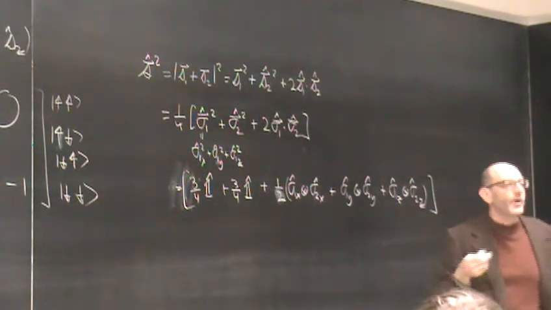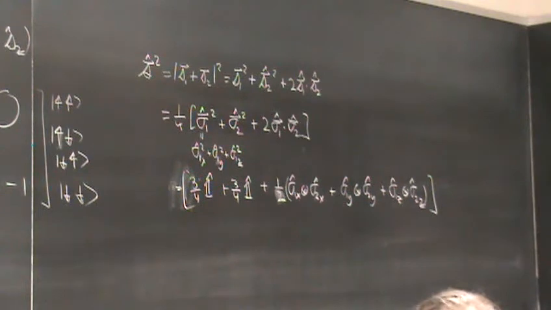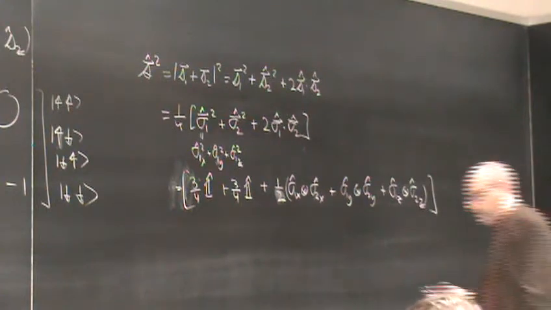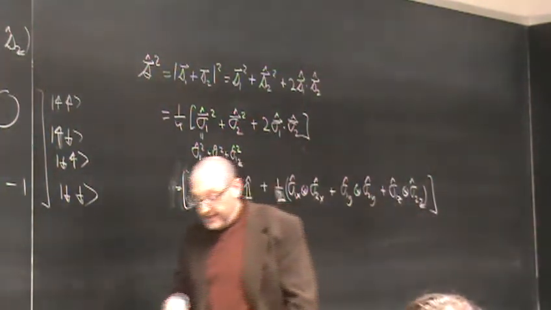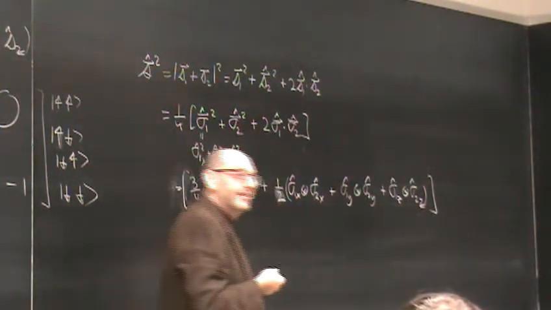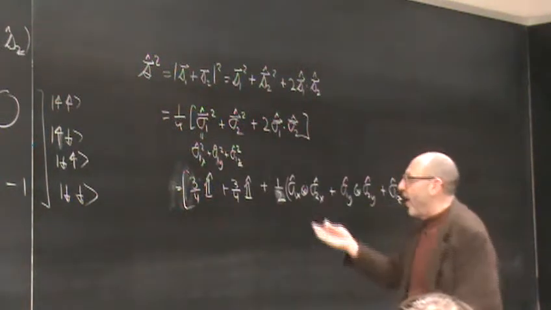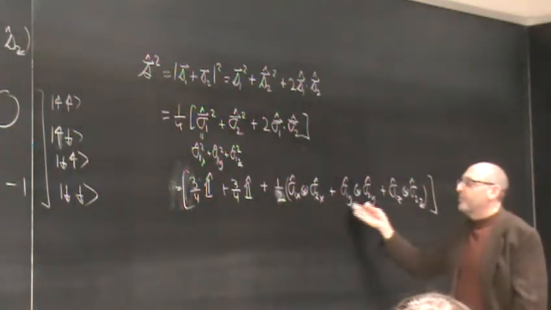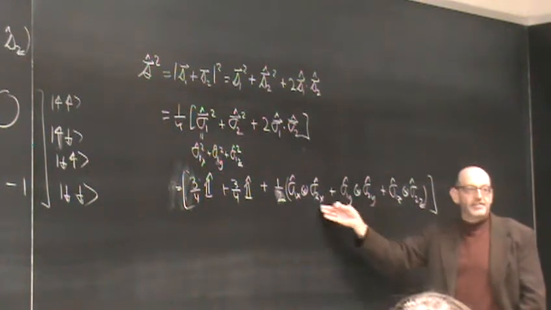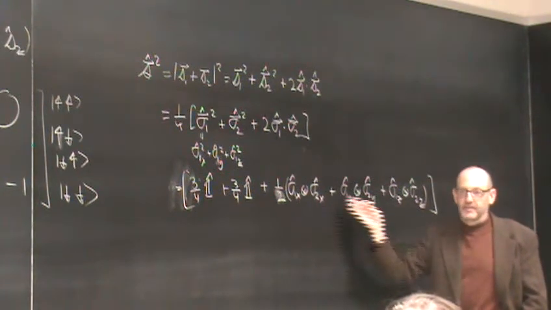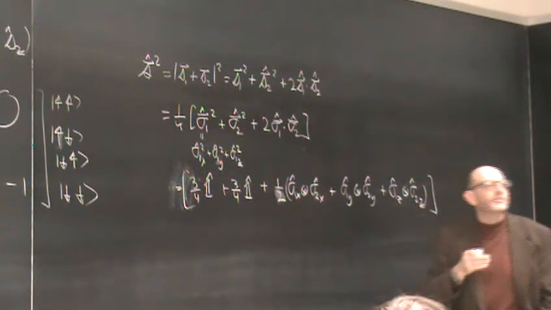When we want to deal with angular momentum, where we write bases in terms of quantum numbers relating to z projections, these aren't operators which have simple action in terms of eigenstates. So what do we do?